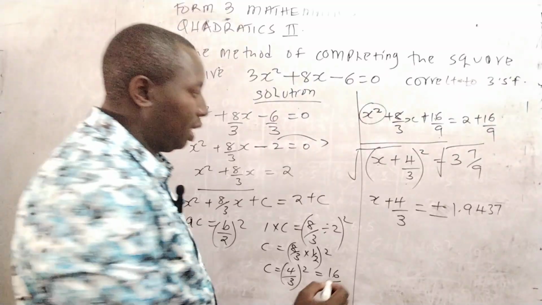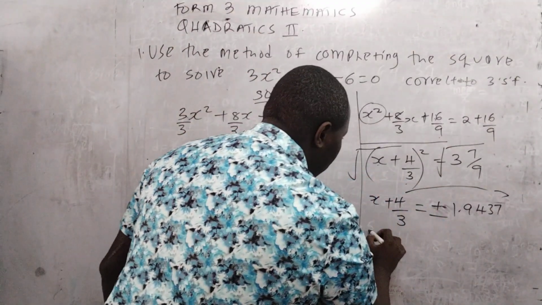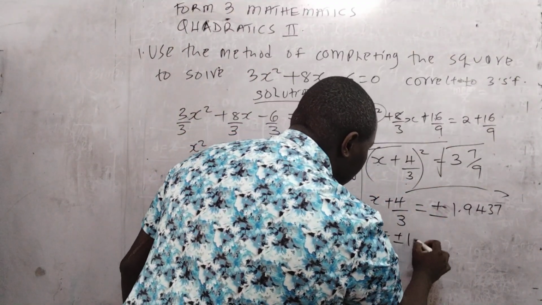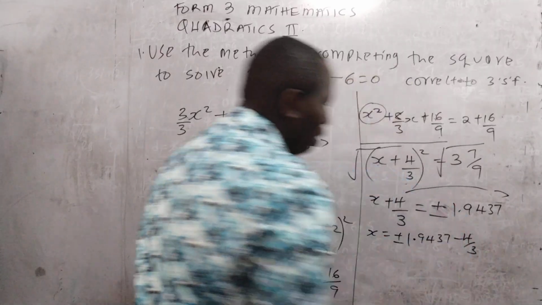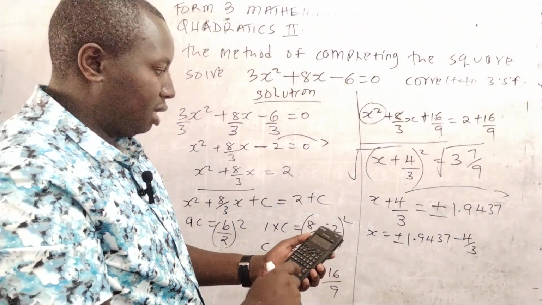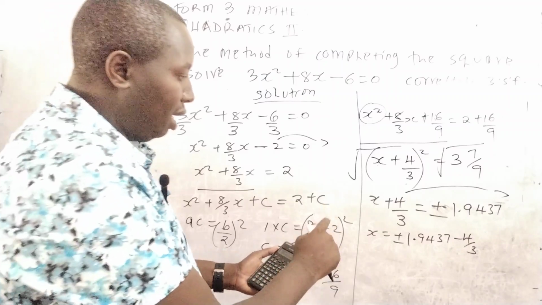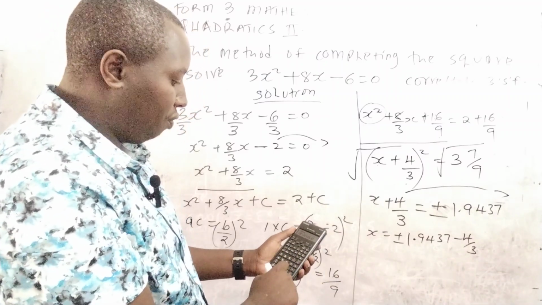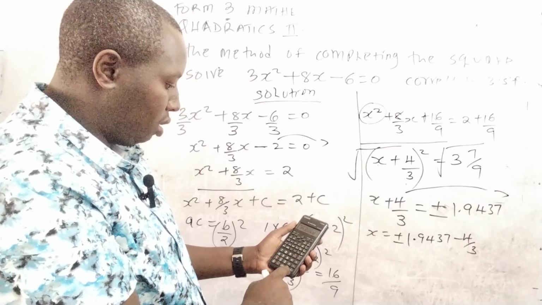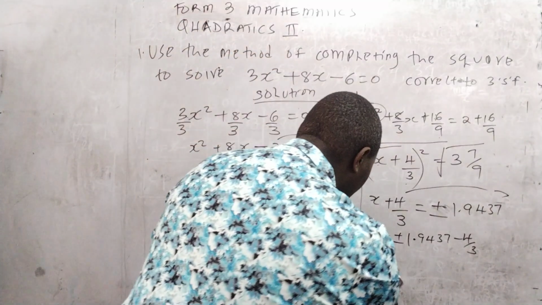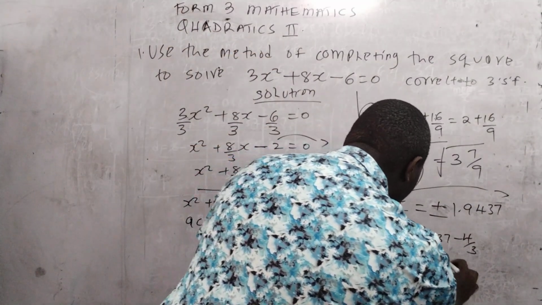To find the value of x, take 4 over 3 to the other side. You say x is equal to plus or minus 1.9437 minus 4 over 3. Taking the square root as positive, then minus 4 over 3, the first one, you get x is equal to 0.6103.